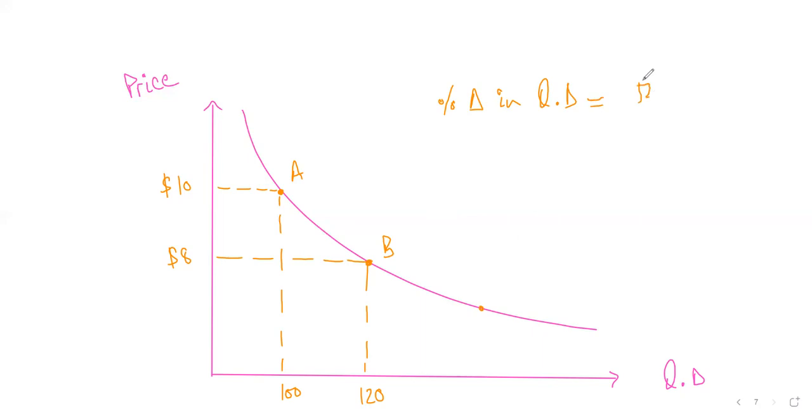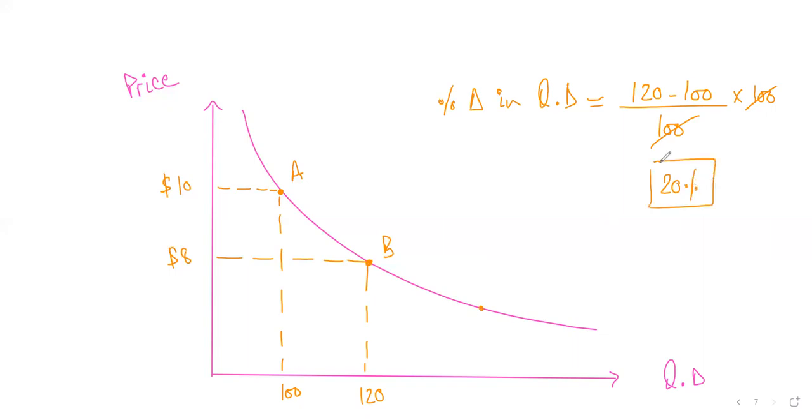Your previous quantity demanded was 100. New minus old divided by old into 100. That is how we do it, right? So 20 divided by 100 into 100, these two simply get cancelled out. So your percentage change in demand is 20%.